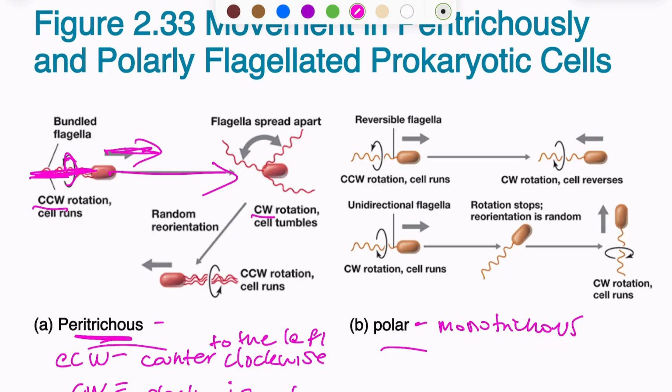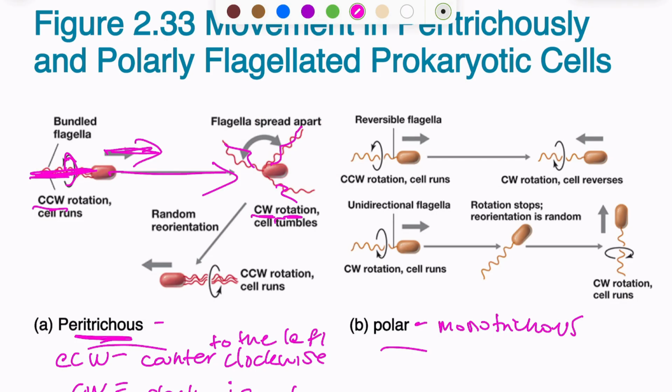And then if there is a clockwise rotation, so they move to the right, then all the flagella go all over, and it causes the cell to just tumble everywhere. Then they can repeat these two rotations to get to the area they need to go. Tumble is kind of like a turn, and then run is just going straight forward.